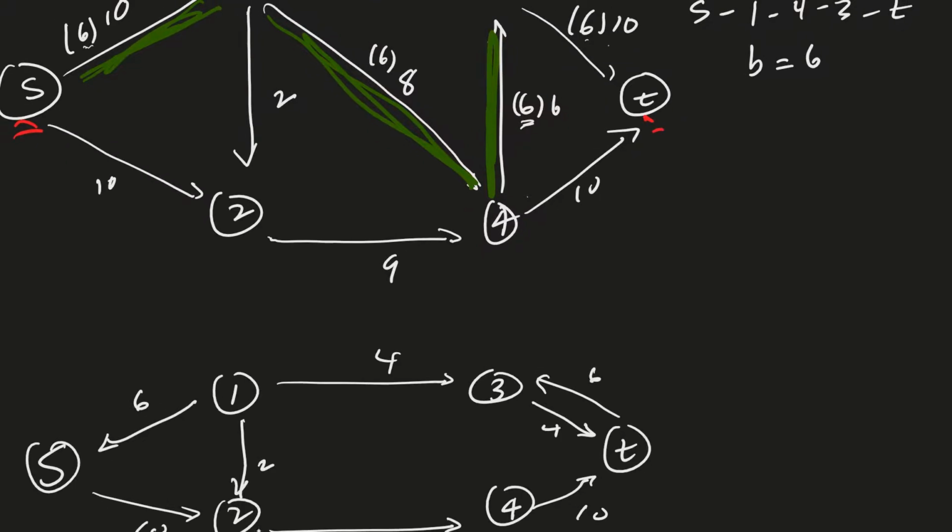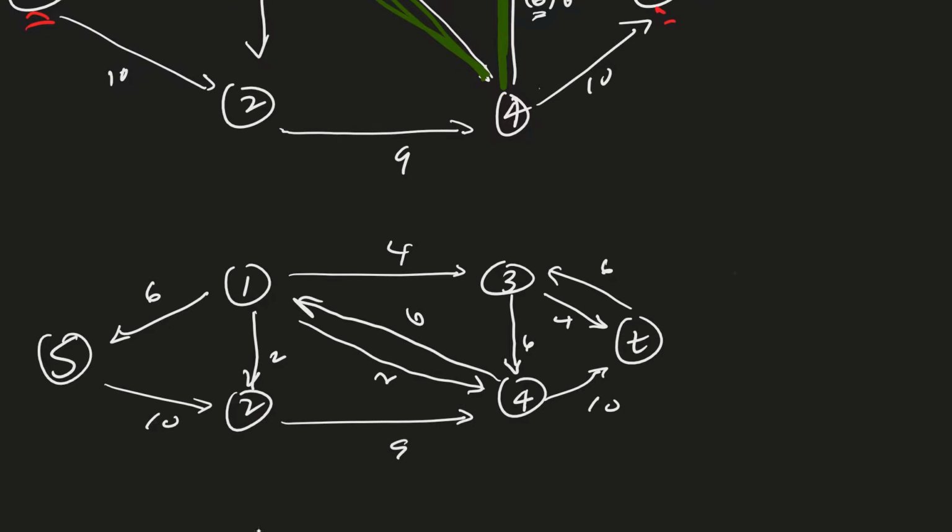And then this 6 was used. It was all used up, right? So therefore this path ends up going backwards with a value of 6. And then this one in the diagonal goes backwards 6, forwards 2. Good, so that's my residual graph.